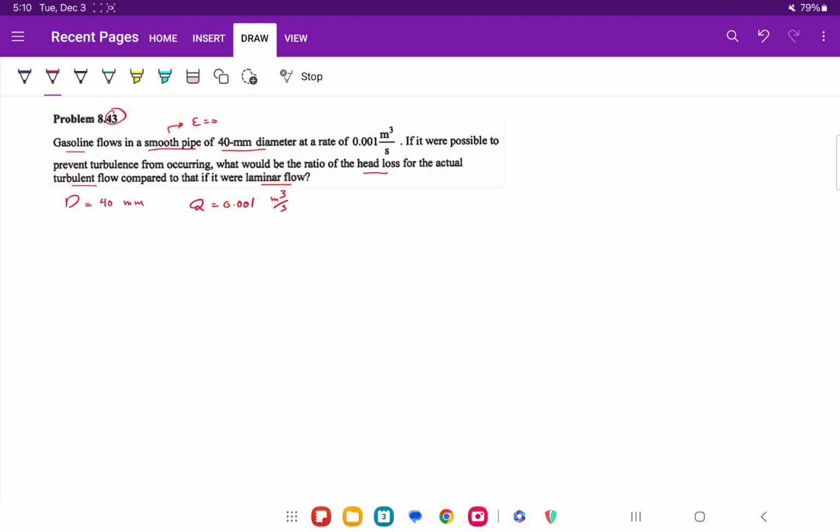And it's not difficult because you know h_L, the head loss, equals f L over D V squared over 2g.